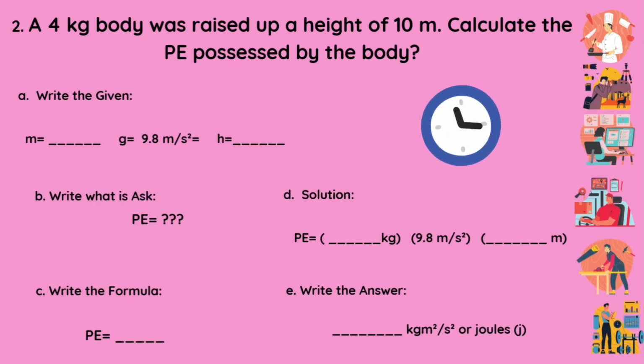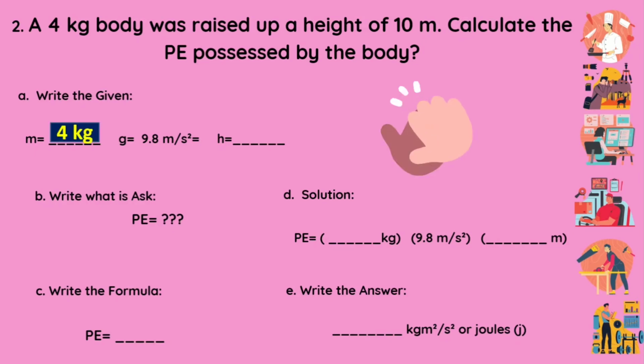Okay, let's answer. The given mass is... What is your answer? Very good, 4 kilogram. Okay. The acceleration due to gravity again is constant, 9.8 meter per second squared. The height is 10 meters.